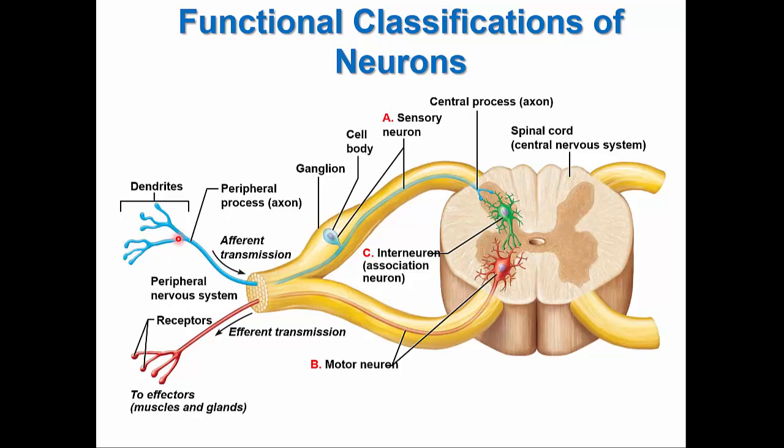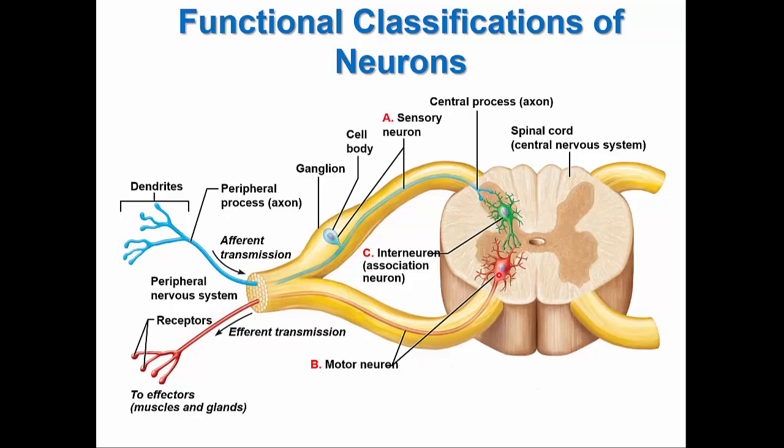Sensory neurons allow for sensing. Okay, so that deals with the input of information to be sent to the central nervous system. So, detecting external stimuli, internal stimuli, that information is going to move through a sensory neuron. When we're looking at a motor neuron, that deals with output.